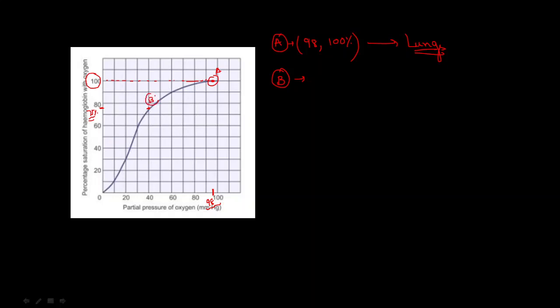So this will be your B coordinate. For B, the coordinates will be 40, the partial pressure of oxygen, and here 75% of hemoglobin is saturated with oxygen. This condition remains in our body when we are just sitting and resting.